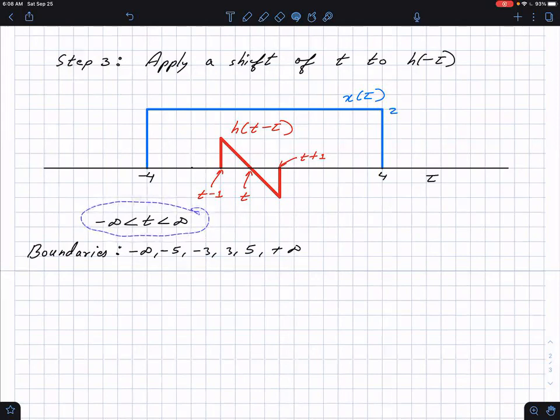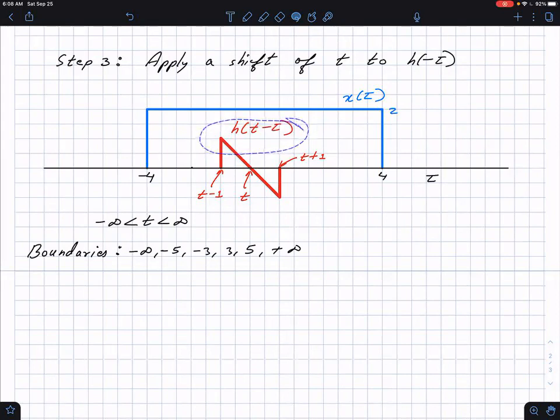And that is why we need to split this total range of t to several ranges. And to understand what those different ranges are, we'll consider this graph again and try to draw graphs representing different amounts of shifts.